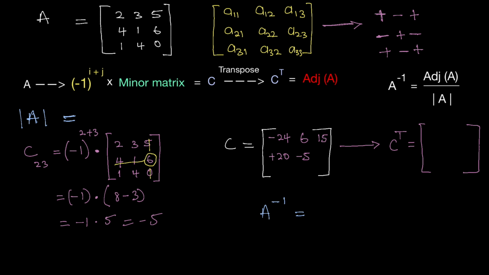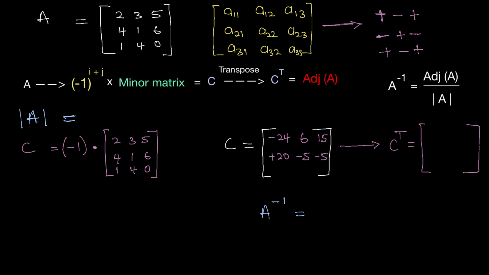And this would be minus 5. Now I need to find element C31. 3 plus 1 is an even number, so that would be plus 1 times the minor matrix determinant. This is the element. Draw a vertical line, horizontal line. The minor matrix determinant will be 6 times 3, 18, minus 1 times 5. That'll be equal to plus 1 times 13, and that's plus 13.